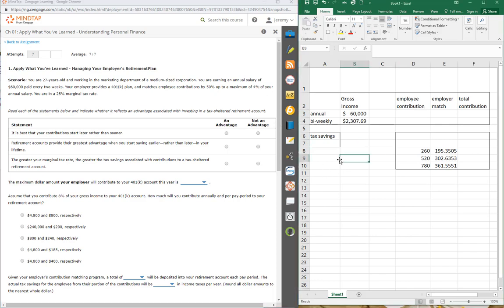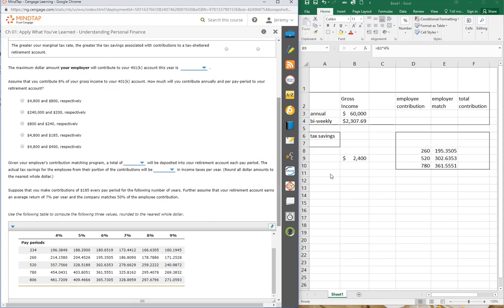So let's say in a hypothetical example here, they're going to contribute the entire 4%. So let's take that $60,000 gross annual and multiply it by 4%. I could also multiply by 0.04. It's the same calculation. So 2,400 would be the max they're going to contribute to my account in that year. And we see that as an answer choice, so it's probably the answer.